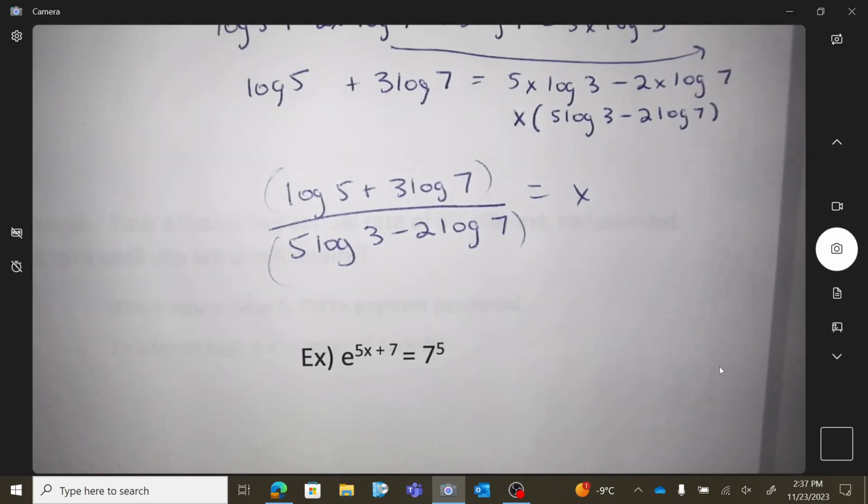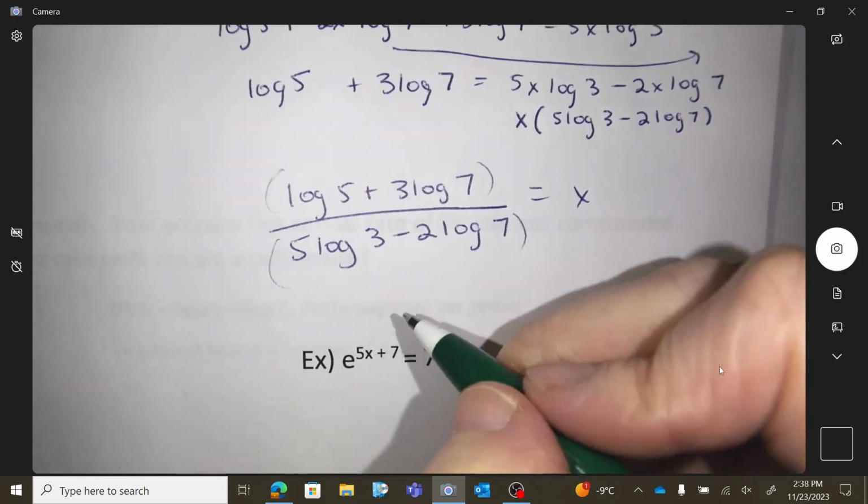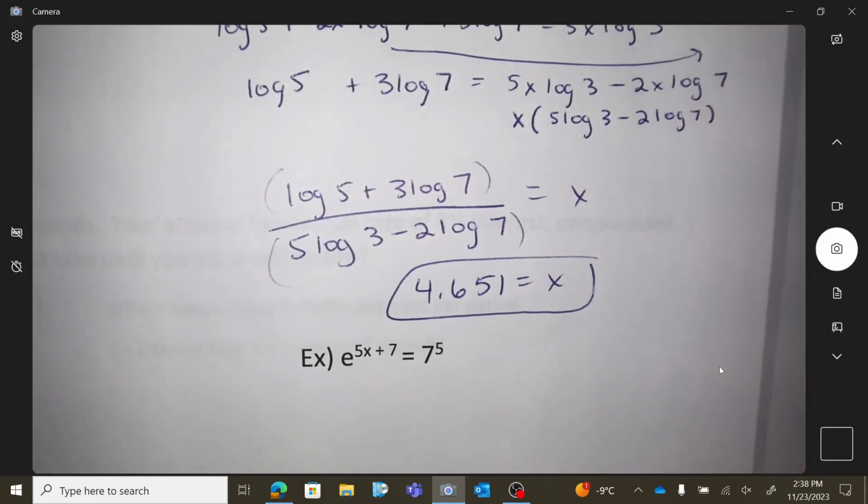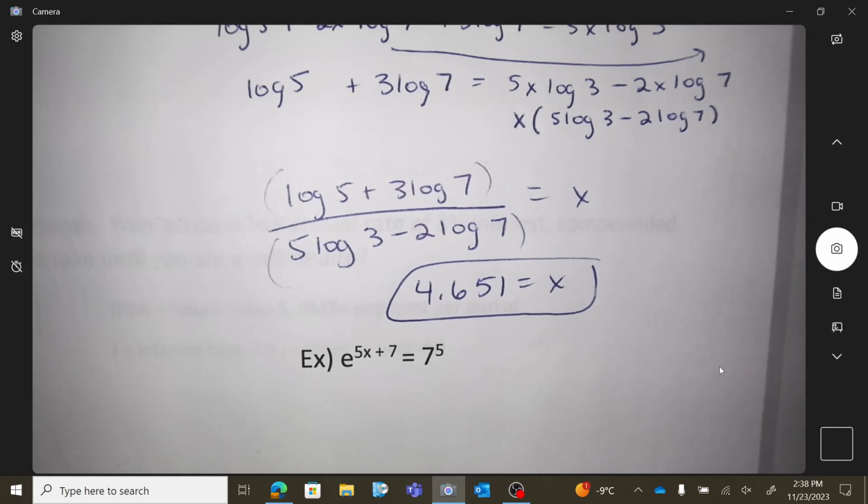And then remember this kind of stuff, you got to do 3 decimal answers. Or you could just do a y1, y2, intersect. That's this one.